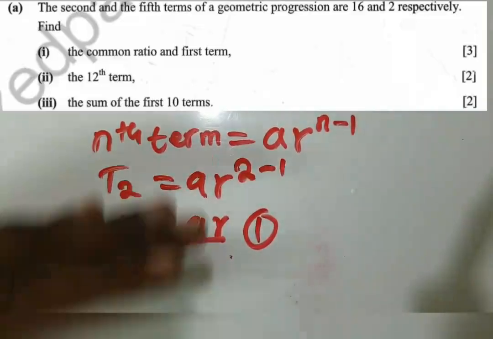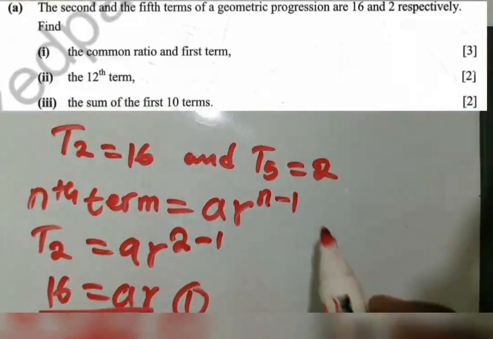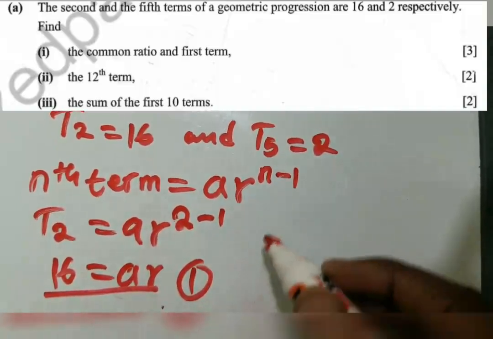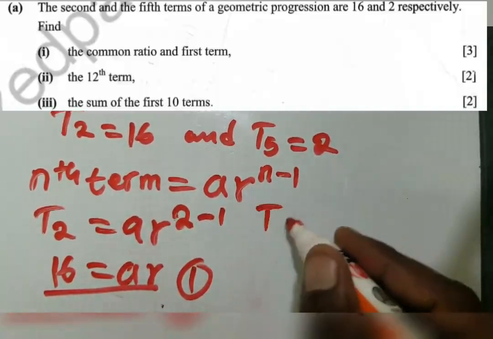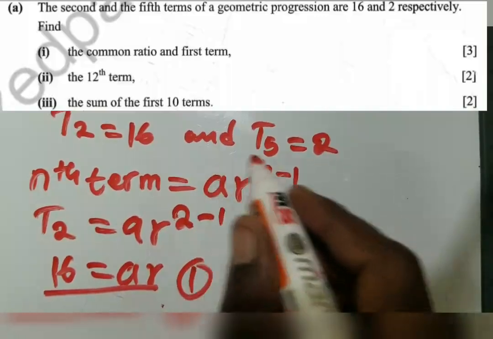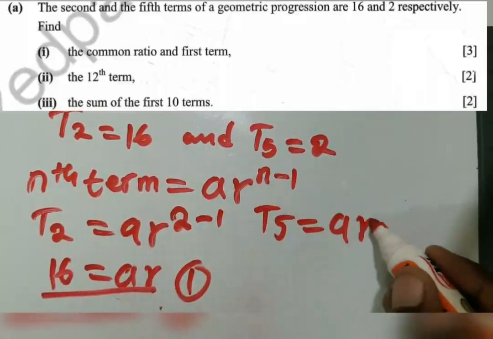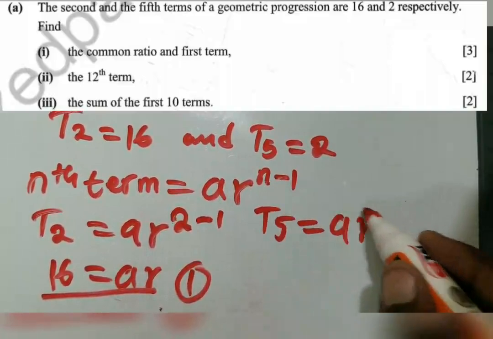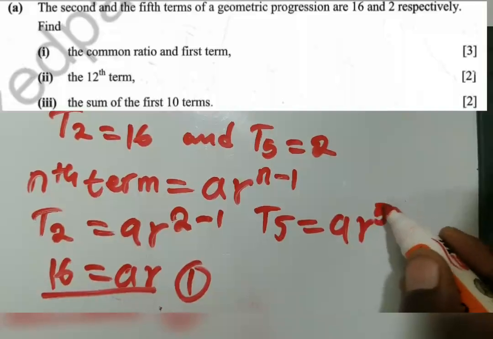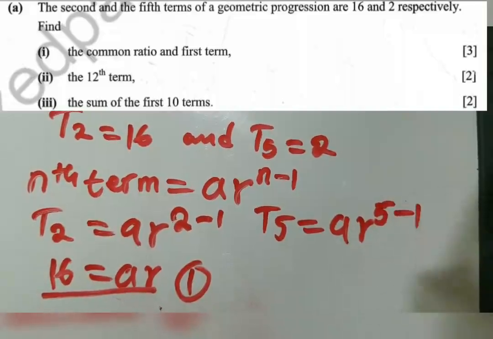How about if we use term 5? Term 5 is equal to a r to the power n minus 1, using the same formula, where n is 5.